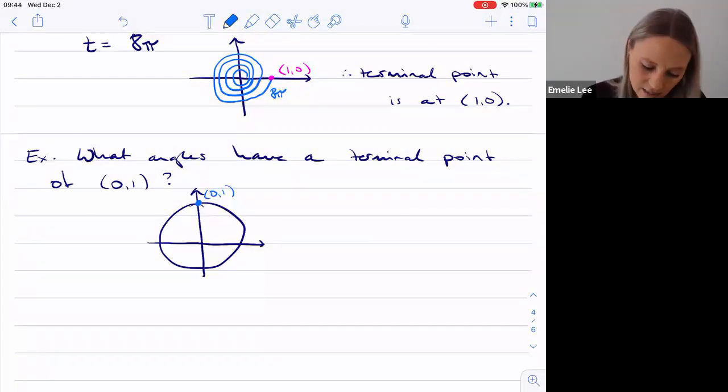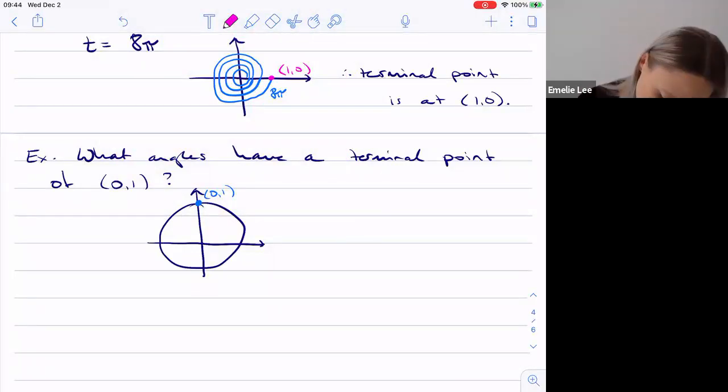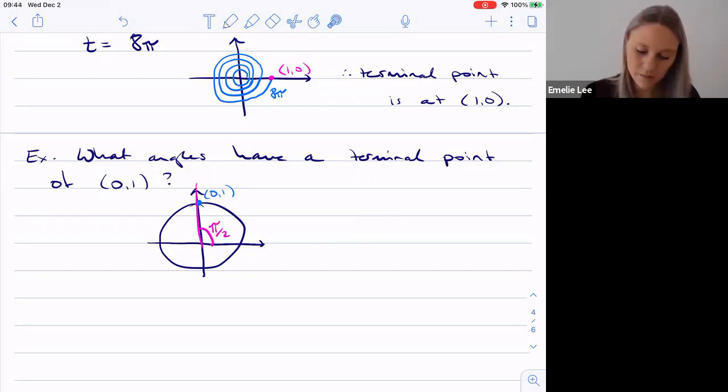And I also know from before that we established some of those key cutoff points. I know that this angle is pi over 2. But I also know that if I go pi over 2 and then plus 2 pi in either direction, I end up at the same point.